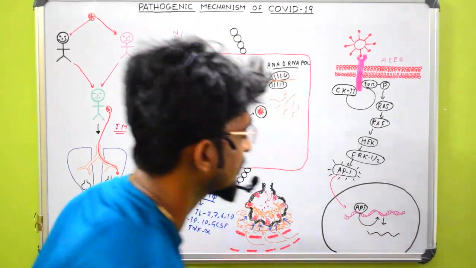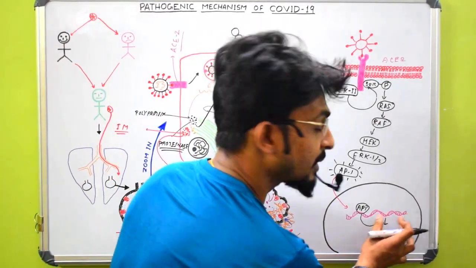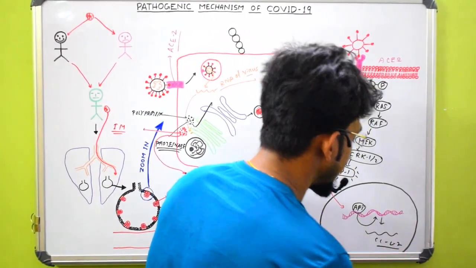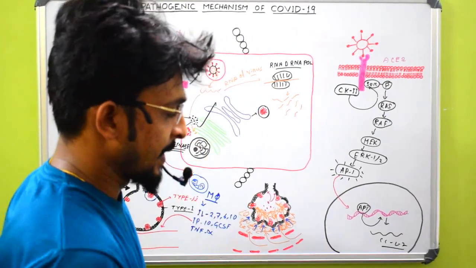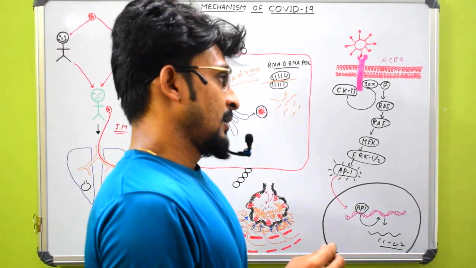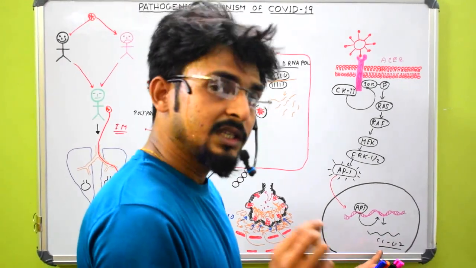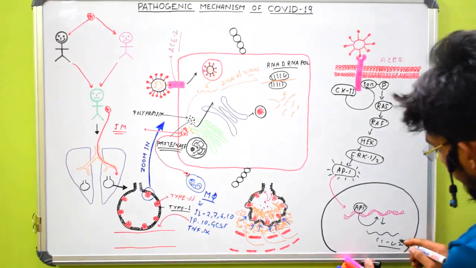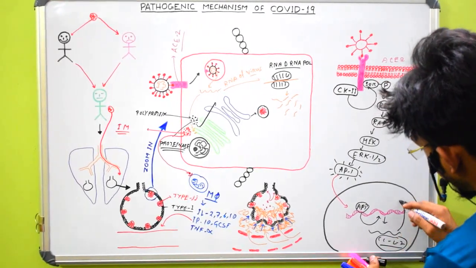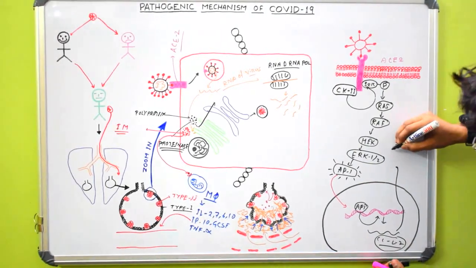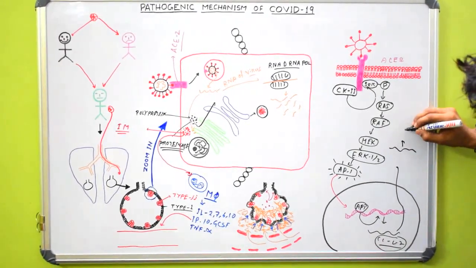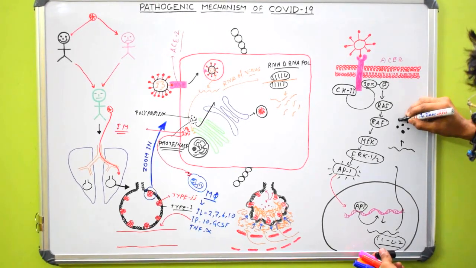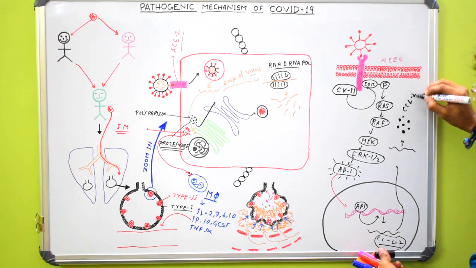So the RNA transcribed from this part of the DNA is the mRNA called CCL2, that is chemokine ligand 2 or CC motif ligand 2 protein. That RNA will go to the cytoplasm, and in the cytoplasm this RNA will produce the CCL2 protein.